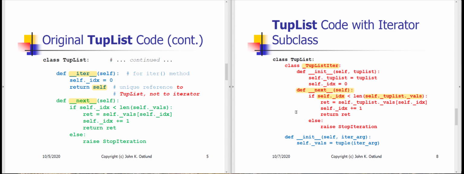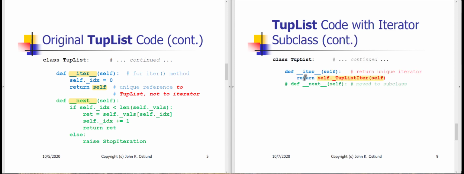The second change that we made is we modified the dunder iter function for the TupList class, not to just return the reference to the TupList, but instead to return a reference to a newly created TupList iterator that refers to the TupList. Okay, so that's change number 2.